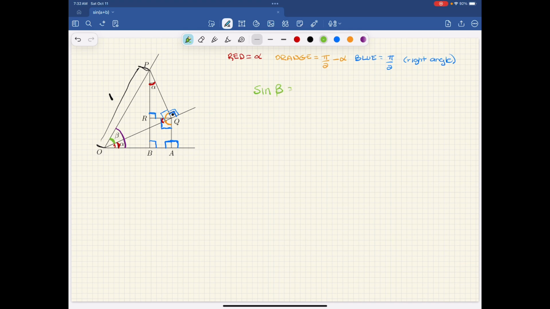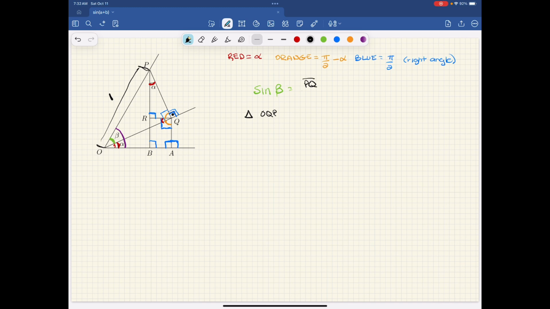Well, in the triangle OQP, beta is the lower left angle, and the side opposite to beta is the line segment PQ.